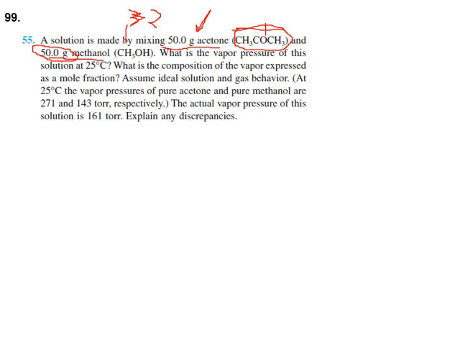So those are going to be the Chi A and the Chi B. Then we want to multiply by the pure vapor pressure, which for acetone at this particular temperature is 271 torr, and for the methanol is 143 torr. I don't know if we can go any further without going to the answer, so let's just move on to the next slide.